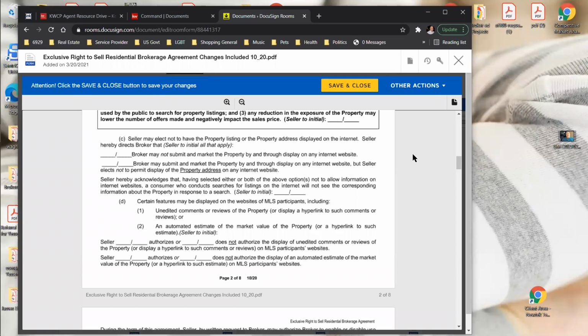There are two blanks there at the bottom though, where we do sometimes choose to remove the authorization, and that is authorizing the use or display of unedited comments or reviews.